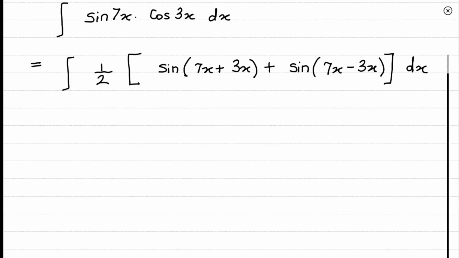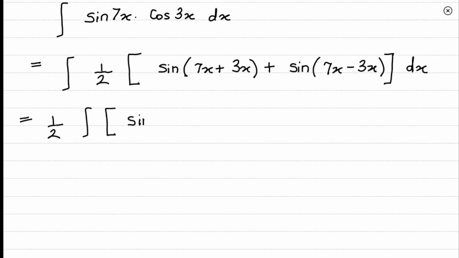Now we can simplify this further. It's already converted from the product form into addition, so it's already in the form that you can split that integral into both of those terms. Let's take that half, which is constant, out of the integral. So we have half integral of, in the bracket, sine of 7x plus 3x is 10x, plus sine of 7x minus 3x is 4x.